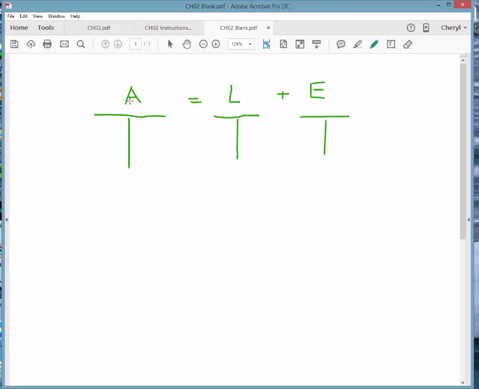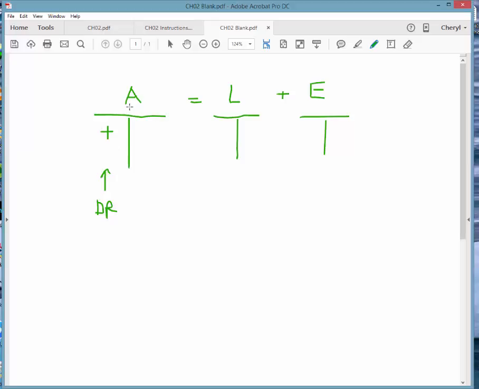Okay. So for all of our assets for right now, the debit side, which is the left-hand side, is going to be the side that is going to increase every single one of our assets for now. So if you'll notice in your book, that's why they have the plus sign on the left side of the T account.